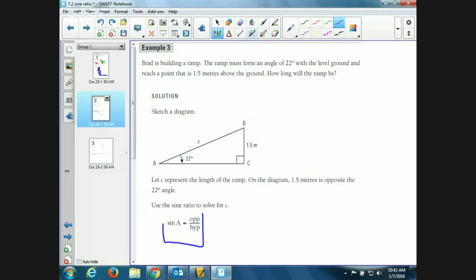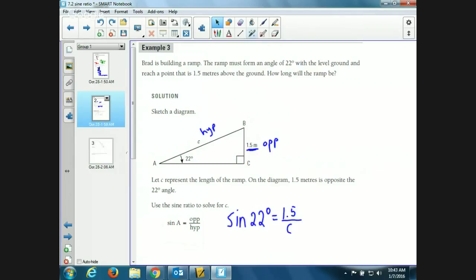In this case, the sine of 22, that's the A, is equal to opposite. 1.5 is the opposite. You'll notice that the C value is the hypotenuse. The opposite is 1.5 meters over the C value for the hypotenuse.